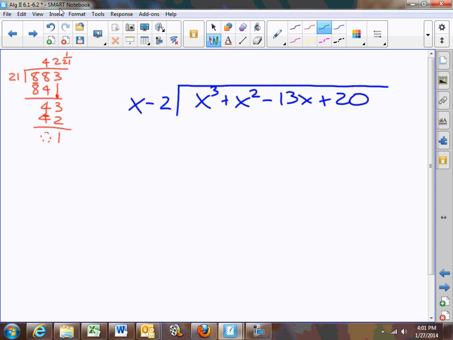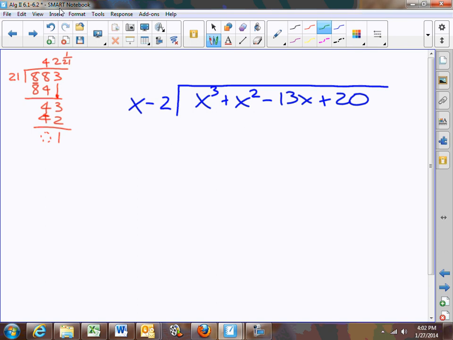First of all, both the divisor and the dividend need to be written in order of decreasing powers, and if there are any power terms missing, you need to put a 0 in that place as a placeholder.